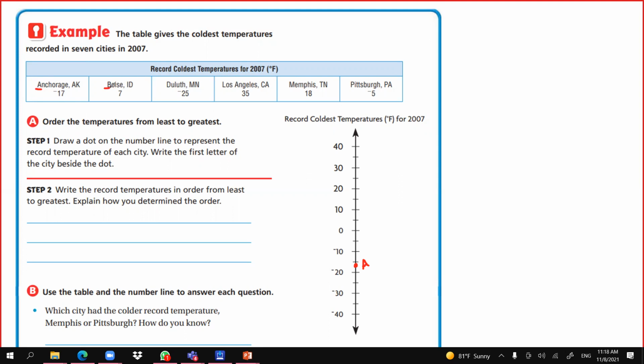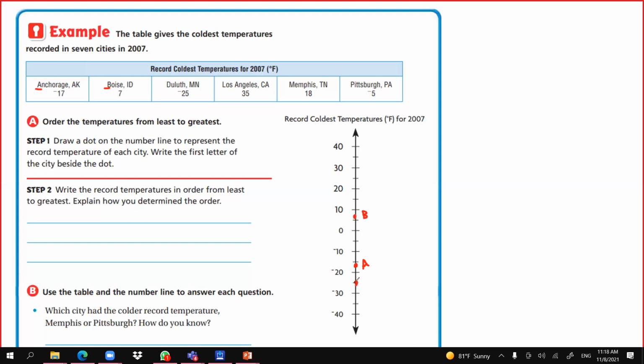The second one now, boys, B. It's 7. Where is 7? This is 0. This is 10. In the middle, there's 5. So between 5 and 10, you mean. So this is B. Now, negative 25. This is negative 20, negative 25, negative 30.